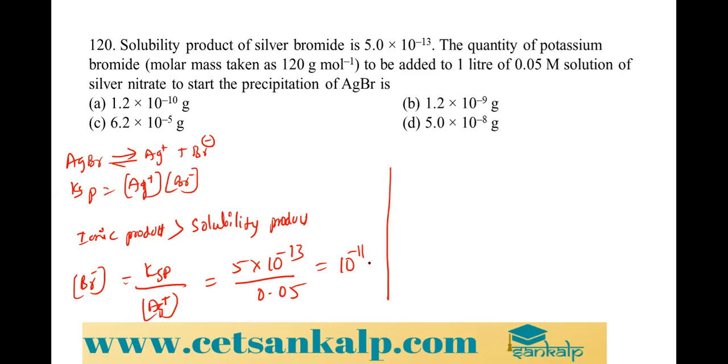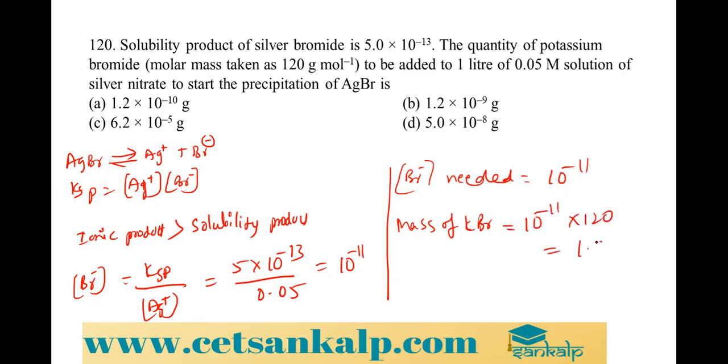So number of moles of Br minus needed is equal to 10 to the power minus 11. So mass of KBr is equal to 10 to the power of minus 11 into 120, that is equal to 1.2 into 10 to the power of minus 9 gram. That much is needed. Okay?